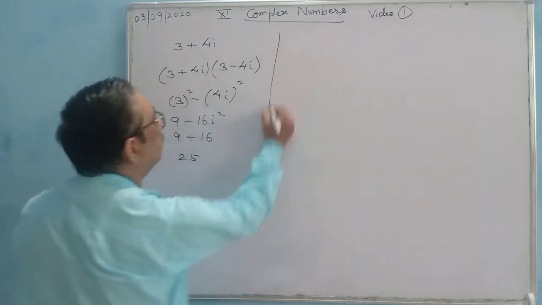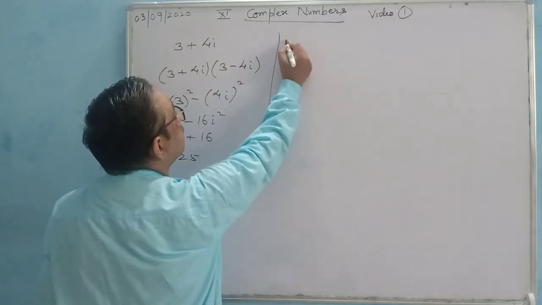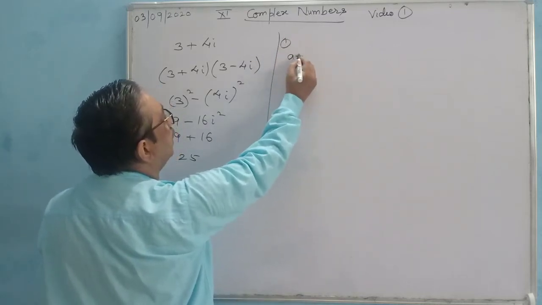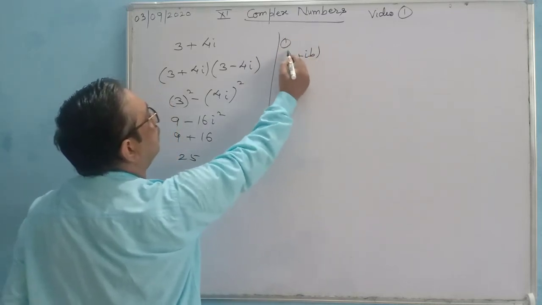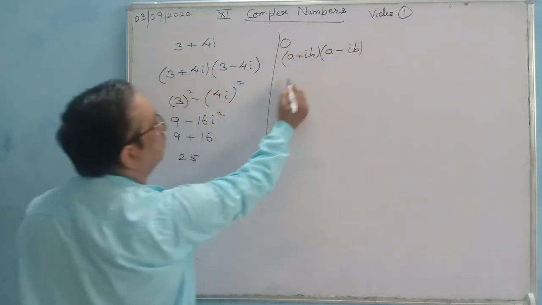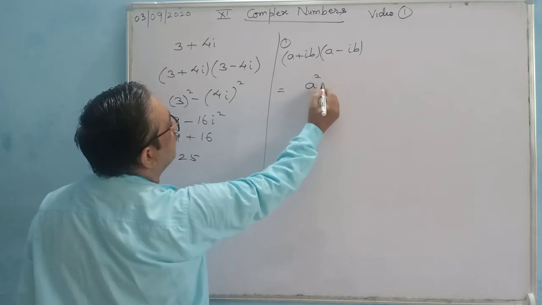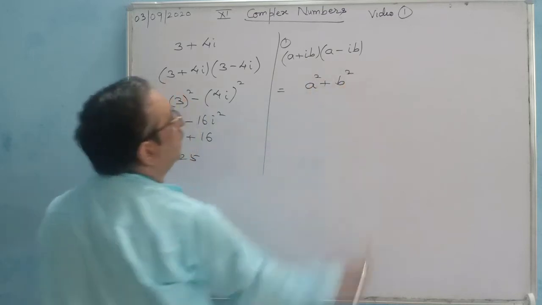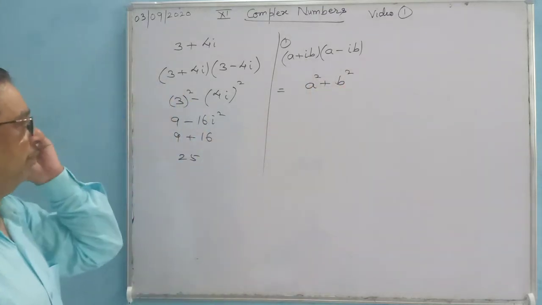In other words, learn this point: a plus ib multiplied by a minus ib always gives the result a square plus b square.